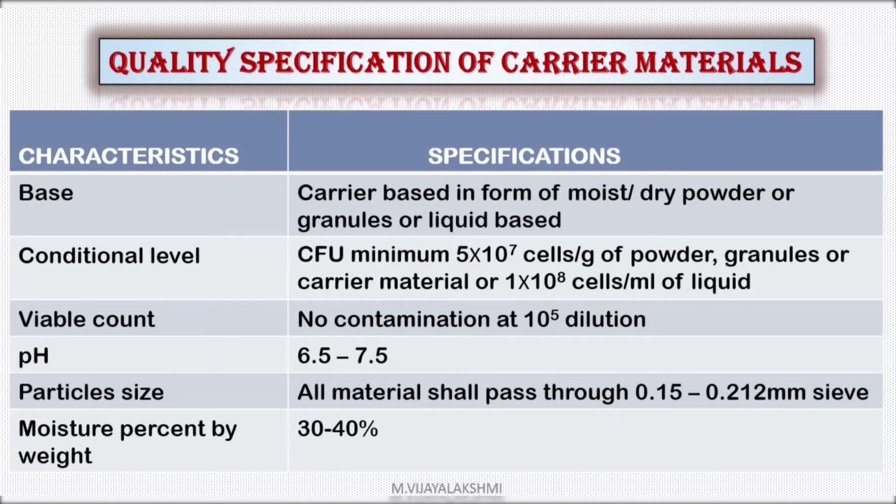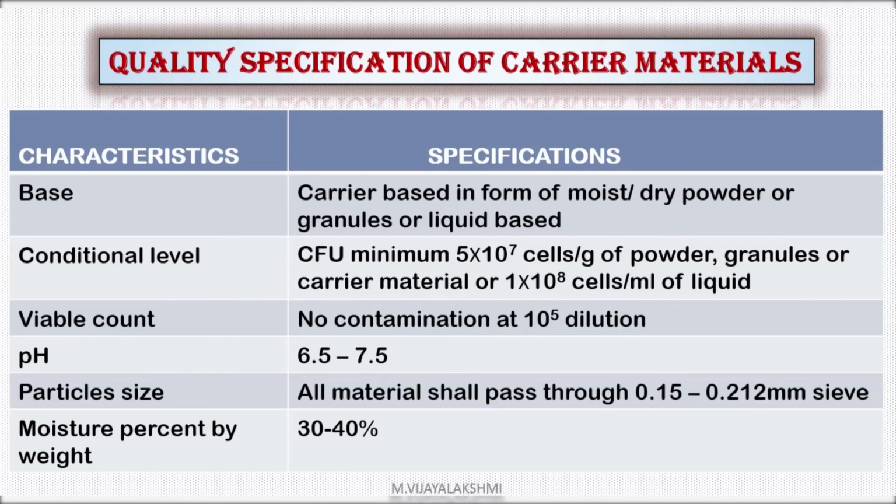First, check the contamination level by plating technique for the carrier material. In the powder or granular form of carrier, the colony forming unit must be 5 x 10^7 cells per gram, and in the liquid form it must be 1 x 10^8 cells per ml, which indicates the minimum range of contaminants.